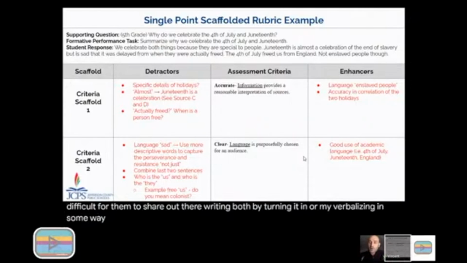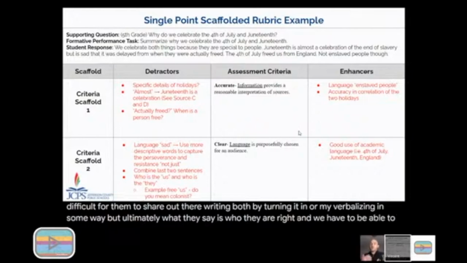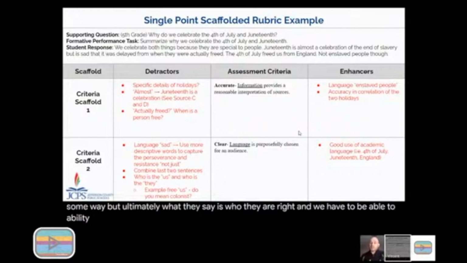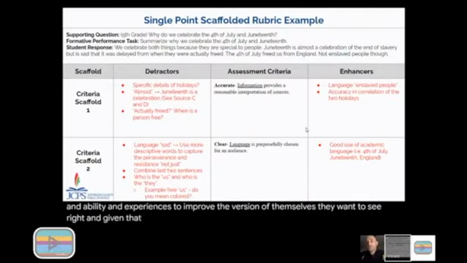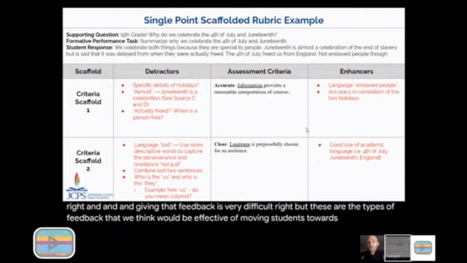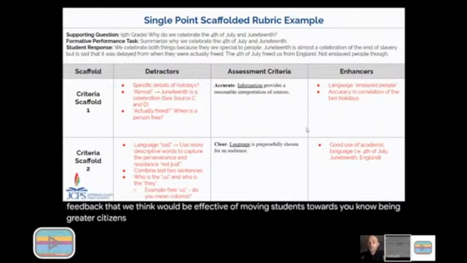Ultimately, what they say is who they are. We have to give students enough skills, ability and experiences to improve the version of themselves that they want to see. Giving that feedback is very difficult, but these are the types of feedback that we think would be effective in moving students towards being greater citizens, as well as great people.